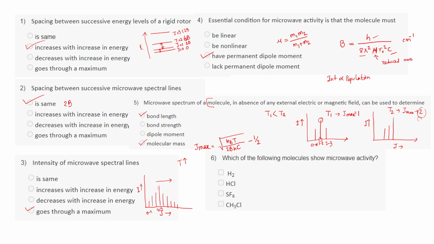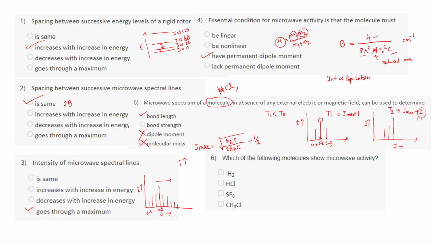If you already know your molecule, that you are using O2, with O2 you can't do rotational spectroscopy, you need HCl. Oh my god, I have given you the answer for the next question. So if you already know the molecule, then you know the molecular mass. If you don't know the molecule, then you can't distinguish between m1 and m2 from mu to get the molecular mass. So molecular mass also you can't get, nor dipole moment.